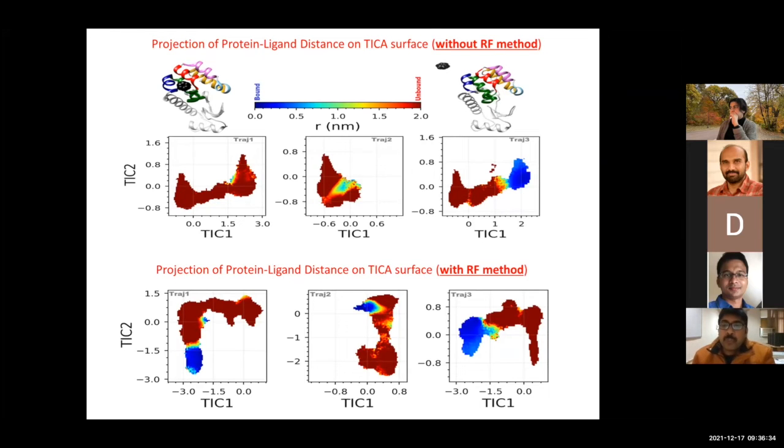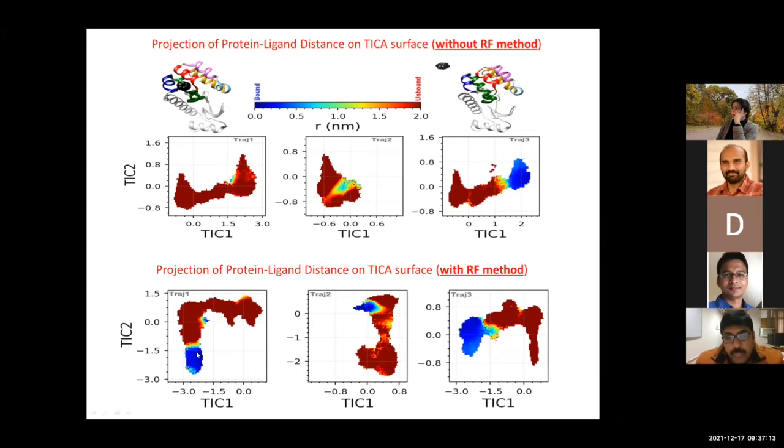But as soon as we use the random forest algorithm, providing input features to the random forest classifier, we calculate the feature scores using this ensemble of trees, and we select 200 residue pairs with good cumulative scores. We again provided these 200 residue pairs to the dimensionality reduction technique, time-structure independent component analysis. When we obtain it, we can clearly see that trajectory 1 along TIC 1 and TIC 2 has separation of events.